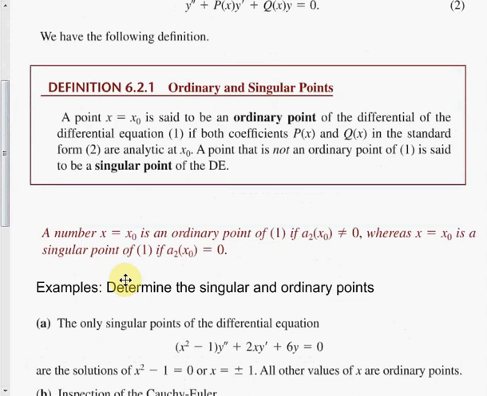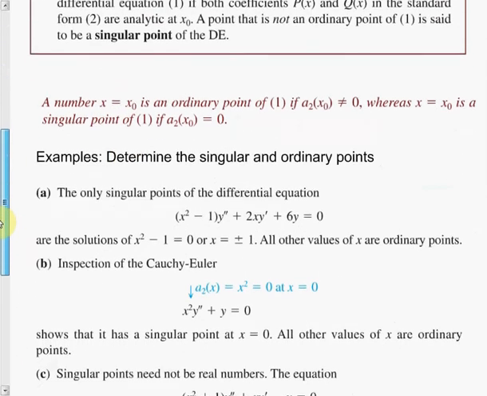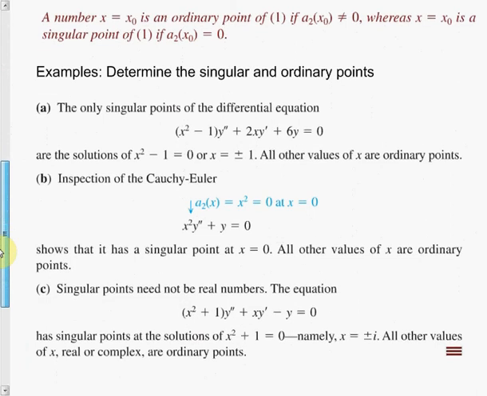All other values are ordinary. So x equal to 3, x equal to 4, x equal to 1/4, x equal to 1/3, those are all ordinary points. I can divide the equation by those values, and I get the resulting equation to be defined. Right? So if x is an ordinary point, then I have a theorem that says that I should be able to find certain solutions.